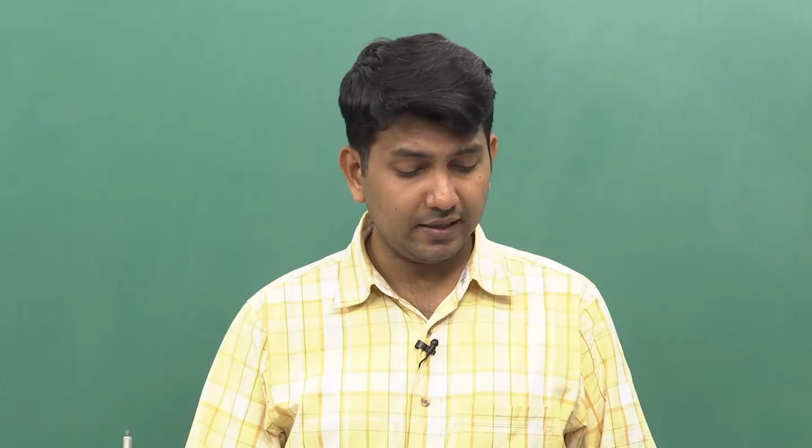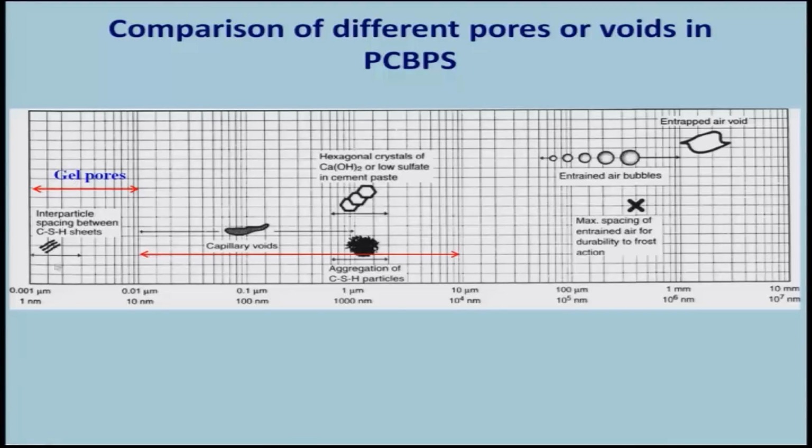You see that the gel pores typically range from 0.001 micrometer to 0.01 micrometer, and capillary pores vary from 0.01 micrometer to as high as 10 micrometer. We will revisit this slide for a comparative study of the sizes of entrained air voids and entrapped air voids with gel pores and capillary pores.